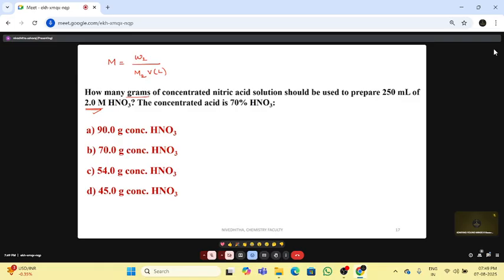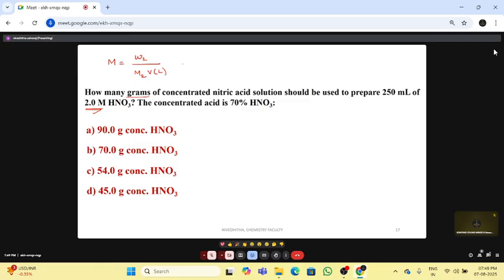First, let us understand how many gram of nitric acid is required to prepare this molar nitric acid solution. So first we'll calculate a value of W2, which is weight of nitric acid required to prepare 2 molar nitric acid solution.